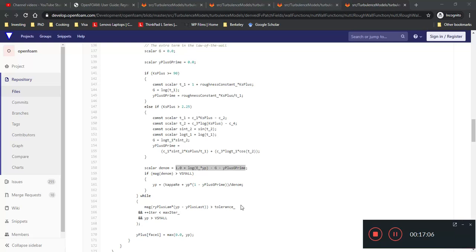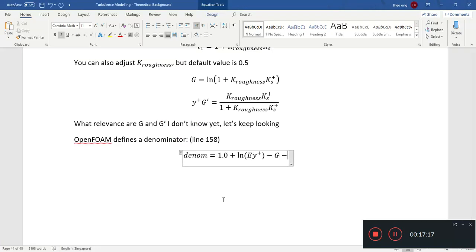That's the denominator, minus G minus y plus G prime. So y plus G prime is here. Looks like a very complex model.